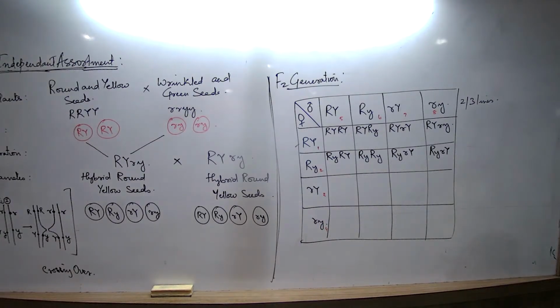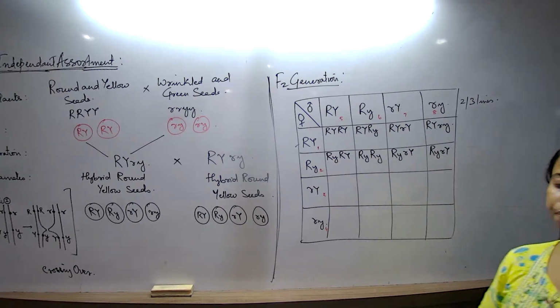Does anybody have difficulty in understanding? Is this understood? How the 4 types of gametes? Once you know how the 4 types of gametes, then make the Punnett square. Once you make the Punnett square, then the reading of the phenotype. That's it. All of you complete the Punnett square.